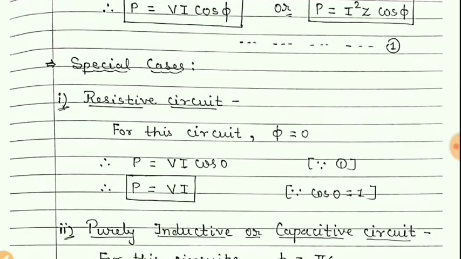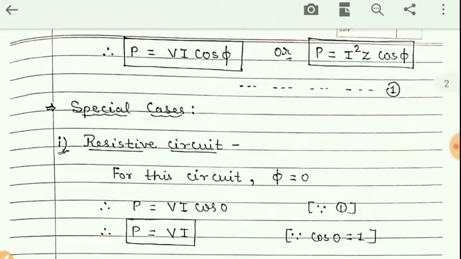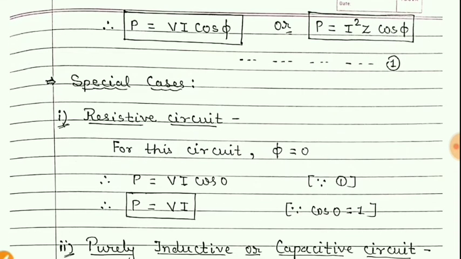Now there are some special cases related to this equation. So remember this equation of power. First case, resistive circuit, means if there is only resistor connected in a circuit with AC source. So what will happen?